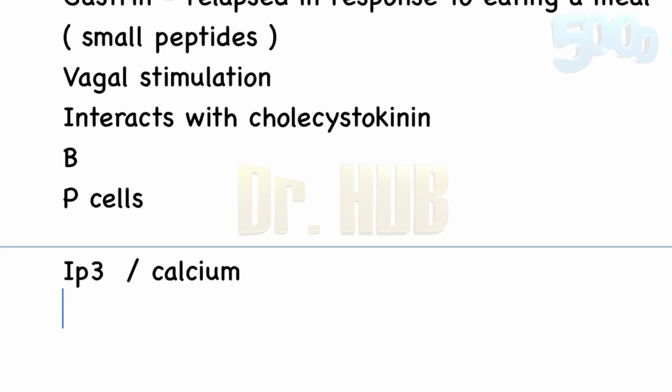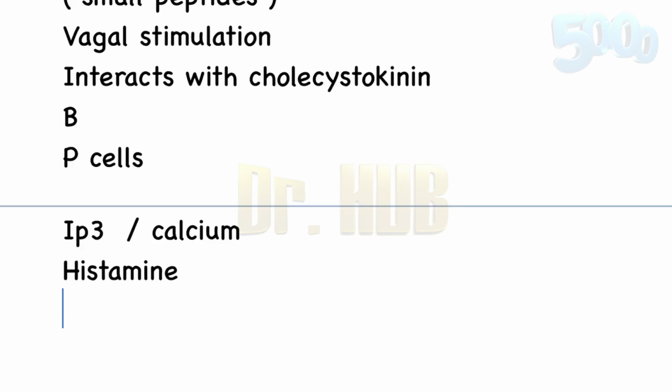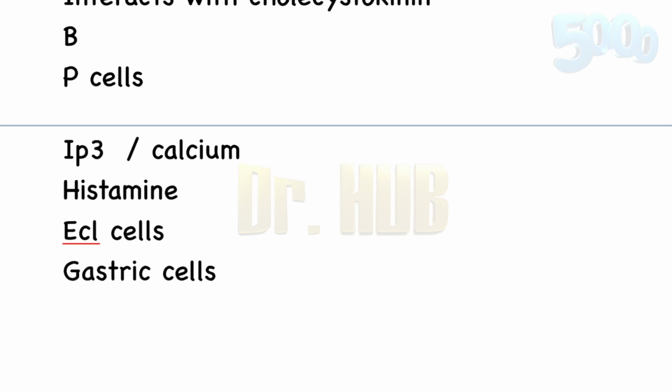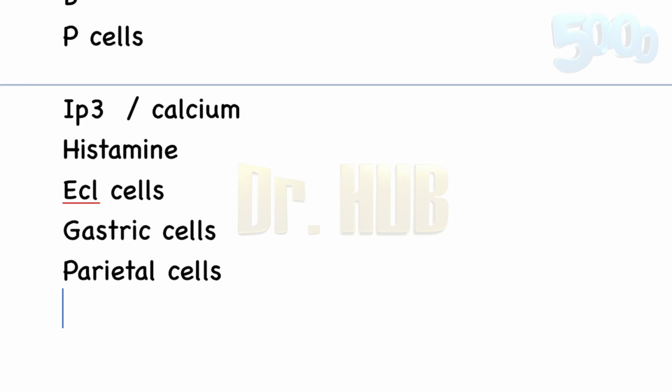Lastly, we look at histamine. Histamine is released from the enterochromaffin-like cells, the ECL cells, in the gastric mucosa, and it diffuses to the nearby parietal cells. It stimulates H+ secretion by activating the H2 receptors on the parietal cell membrane.